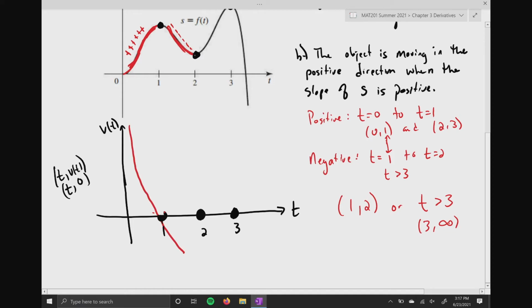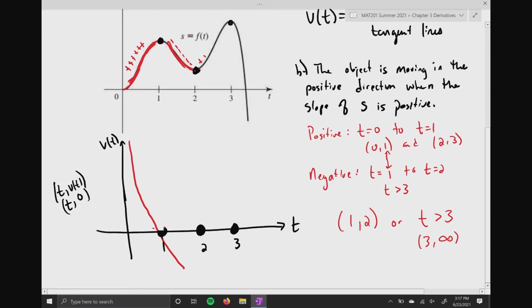Now, from 2 to 3, all my slopes are going to be positive. So that means that I'm going to come up and cross. And then from 3 to infinity, all the way down here, all my slopes are negative, which means I've got to come around and come back down.